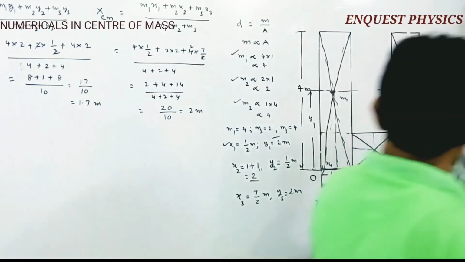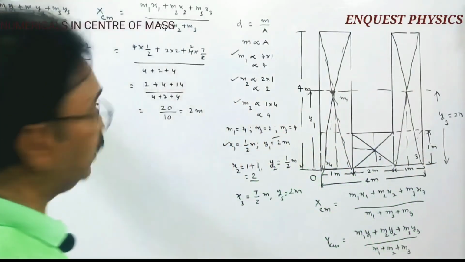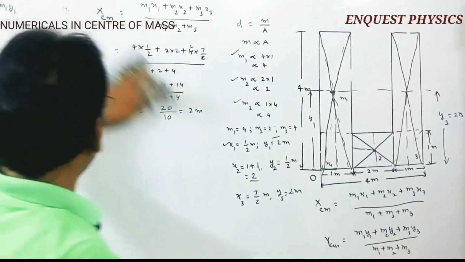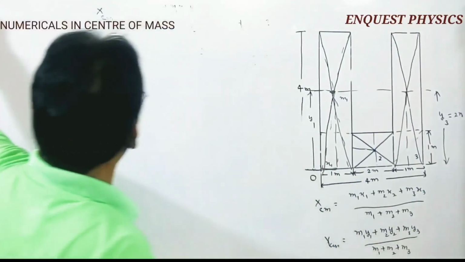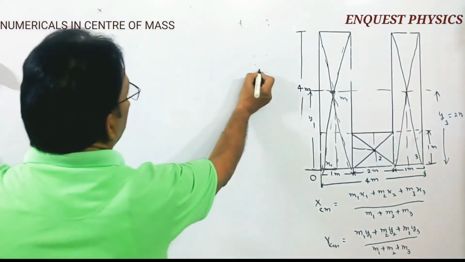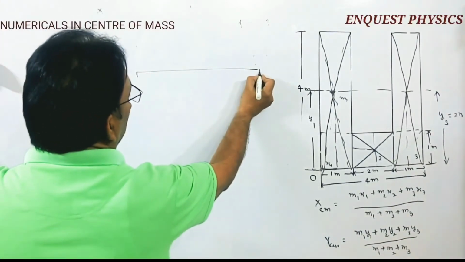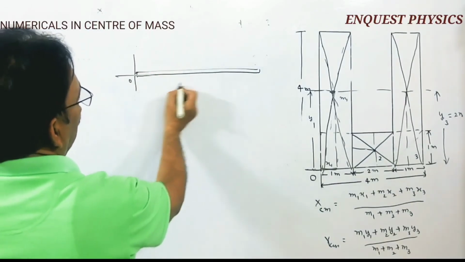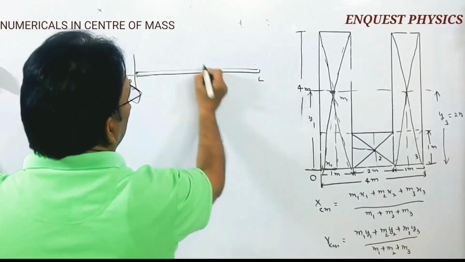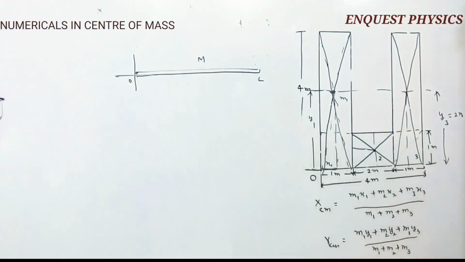Okay, with that we will find the center of mass of various structures like thin rods. It seems like with respect to one axis it seems like this. It is a thin rod. We have to find the center of mass with respect to any position. Let's say it is L and M. We'll go through that one.